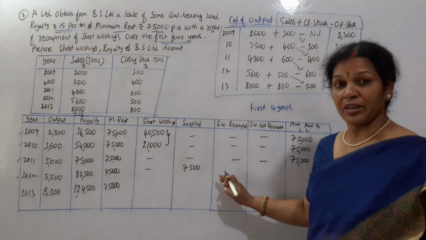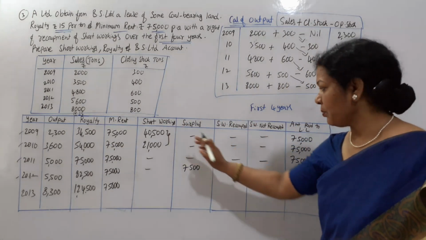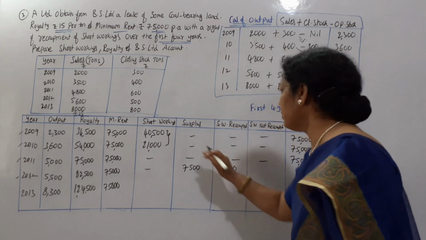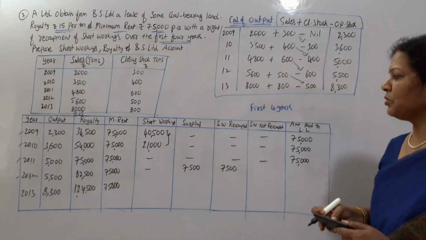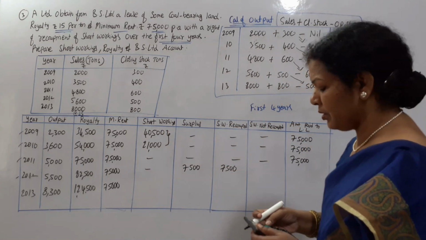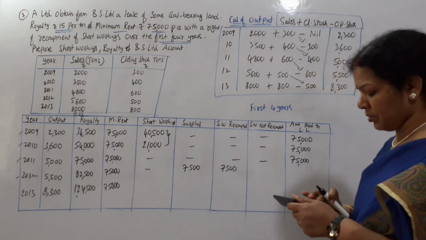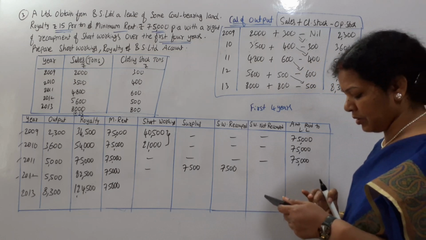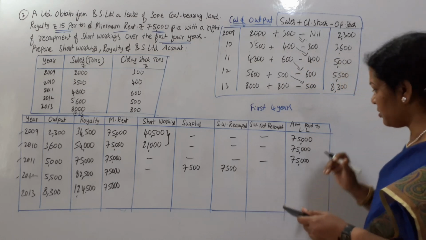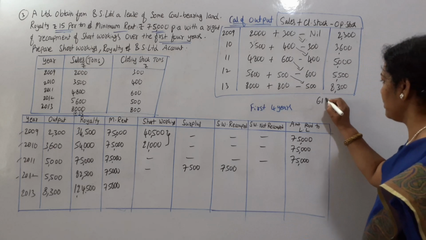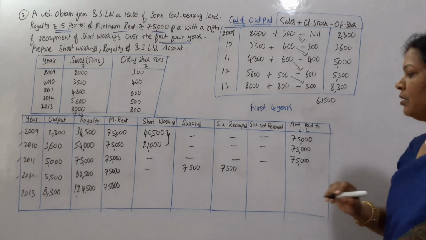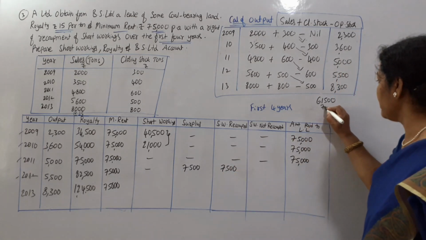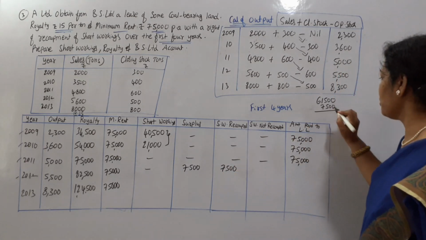So let us utilize this surplus of 7,500 to recoup the short workings. But the total short workings is how much? 40,500 plus 21,000. It is 61,500 we have. But we could recoup 7,500 only. So 54,000 is not recouped.